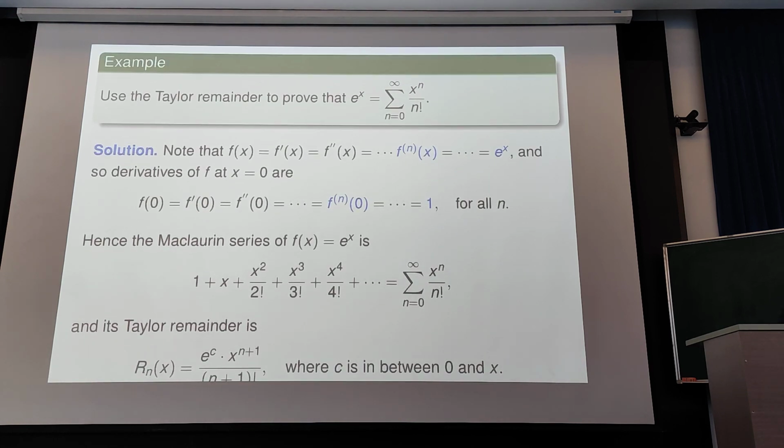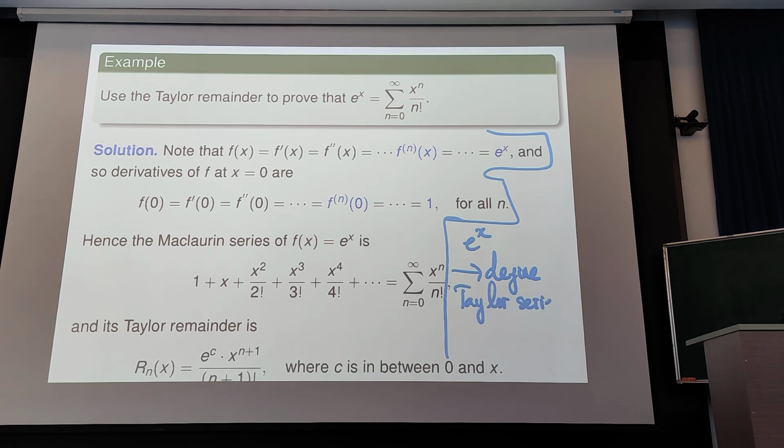So the only thing I want to emphasize for this problem and for the Taylor series topic, let me remind you one more time. We are given a function e power x, right? And we can define its Taylor series by calculating the coefficients.